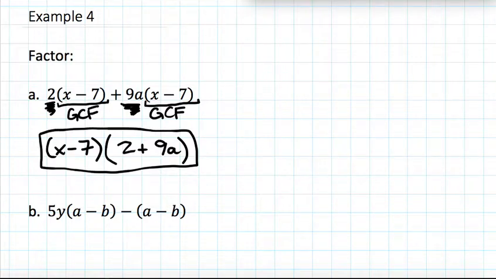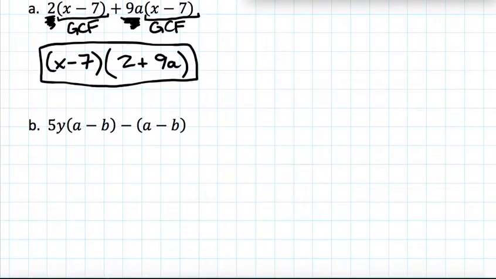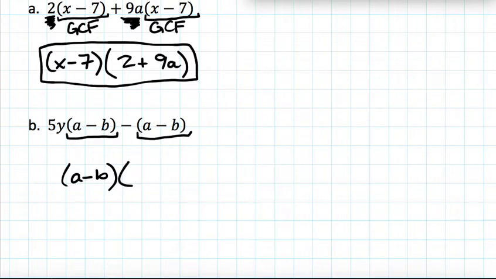Part B is pretty similar. We have a minus b in both terms, and so that's going to be my GCF. So a minus b in the front of parentheses, and then for this one I have a 5y for the first term.